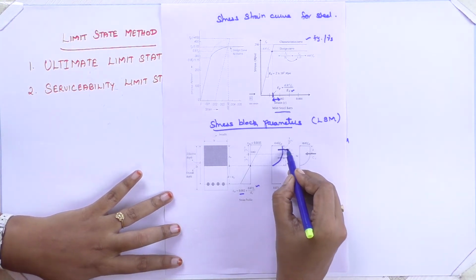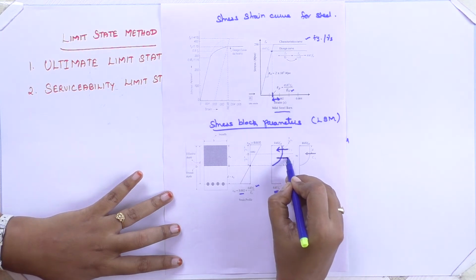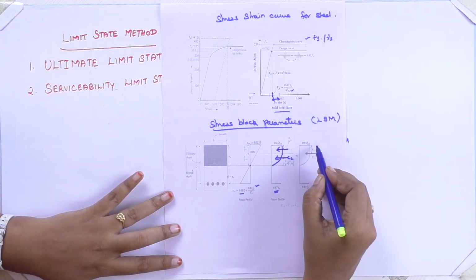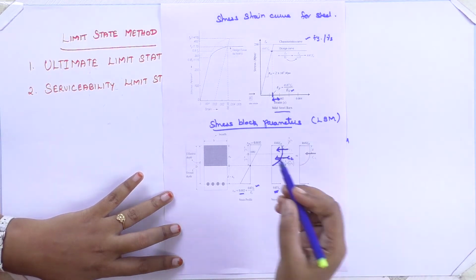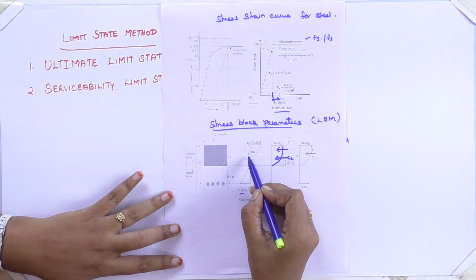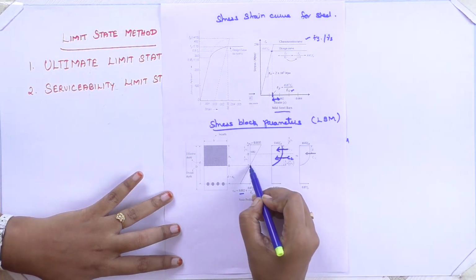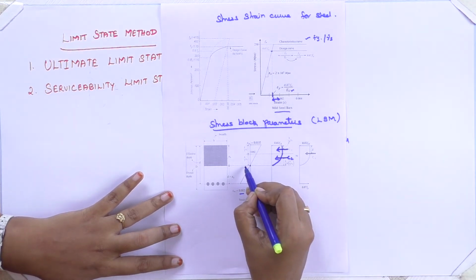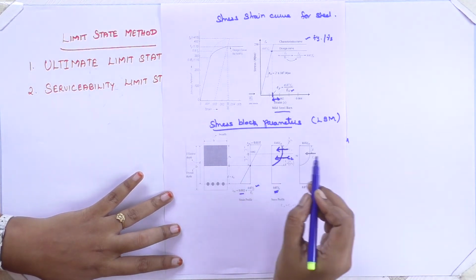This is your C1, this is your C2, and the ultimate compression is Cs, acting at a distance of x bar. This x bar will be acting at 3/7 of XU from the top and at the bottom 4/7 of XU from the neutral axis region.